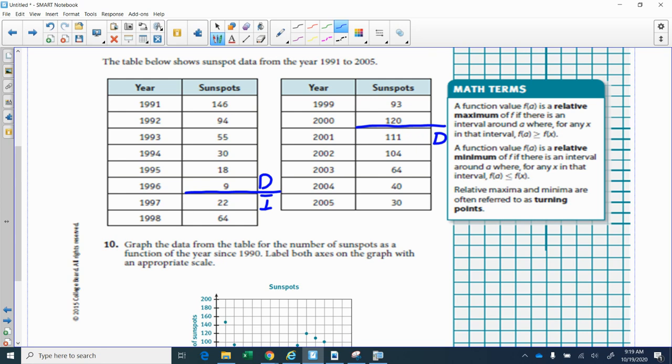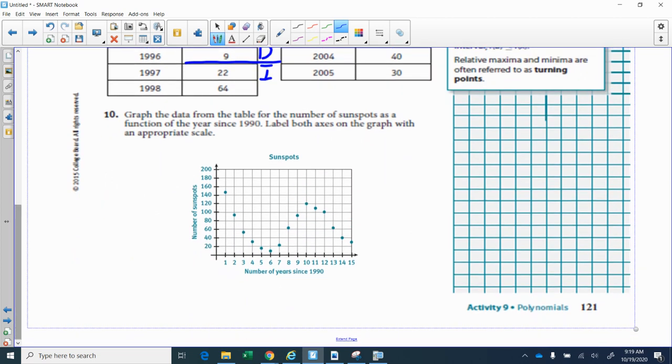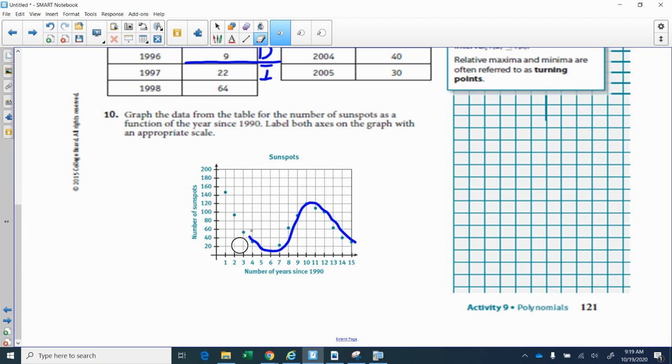Well, hopefully you're starting to look at that and say, how many graphs shape this figure where it decreases to increase back to a decrease? Now, you might be thinking, that looks like a cubic function. And hopefully you did say that and you're absolutely right. This comes out to be a cubic function.